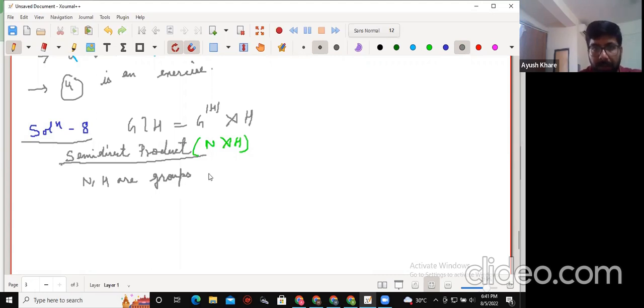Groups such that h is acting over n through her homomorphism phi. Okay, what does this mean?